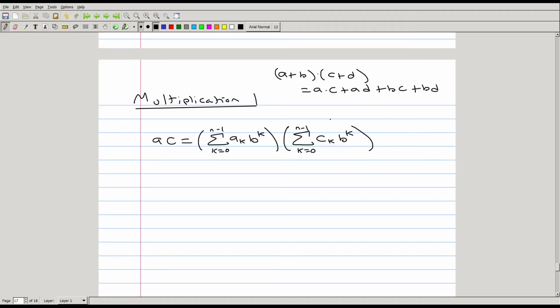And if we do this foiling out, but for general summations now, this is going to be expressible as a double summation. And perhaps it'll be a little bit more clear if I change the index of one of these sums, the sum from I equals 0 to n minus 1 of ai b to the I. I'll change the index of this sum to be j.